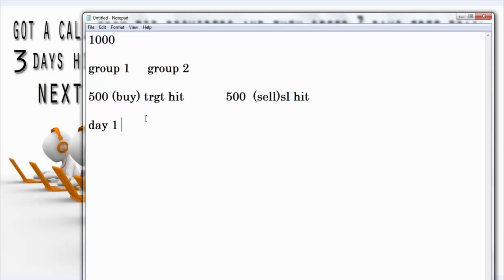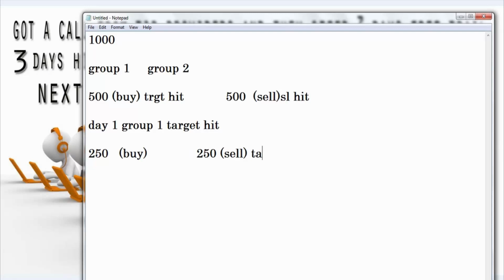So on the first day, these 500 people of group 1, their target hit. The next day, these 500 people split into 250 each. The first 250 give a buy call like before, and the second 250 give a sell call.